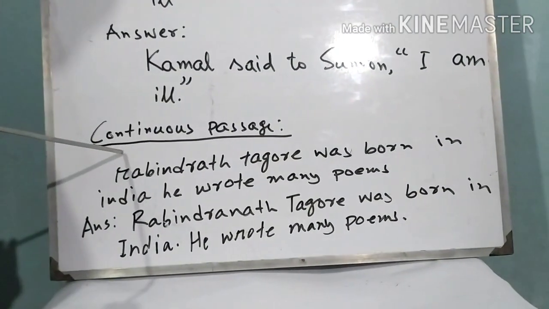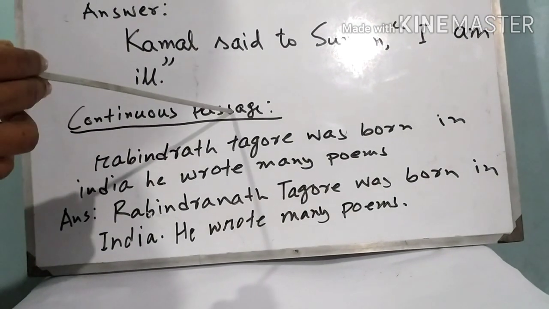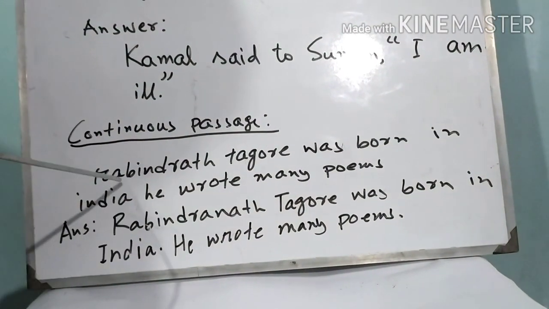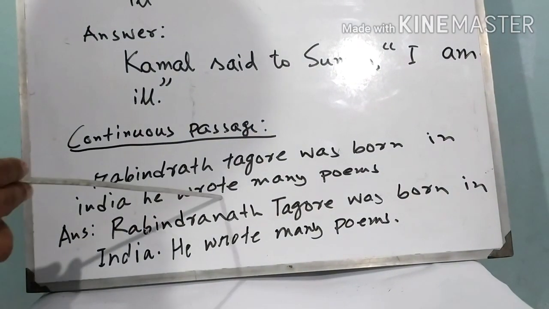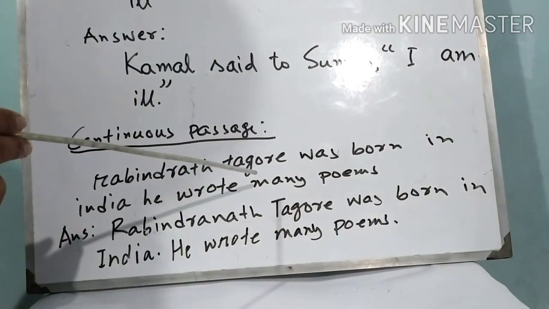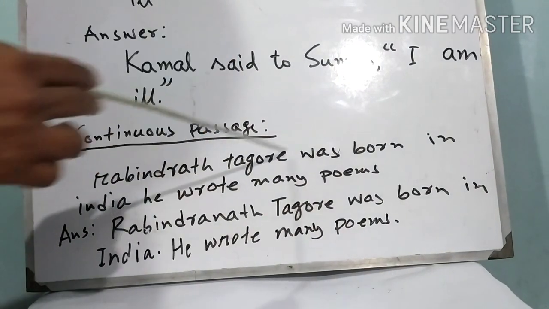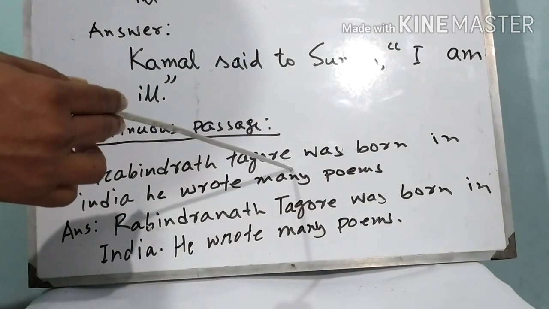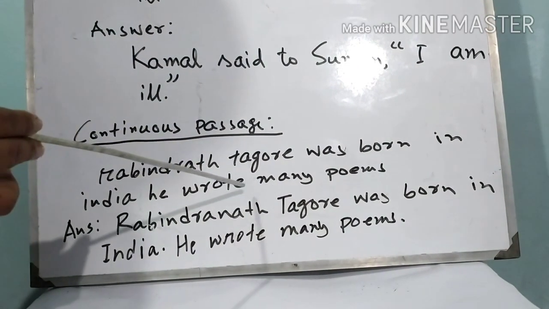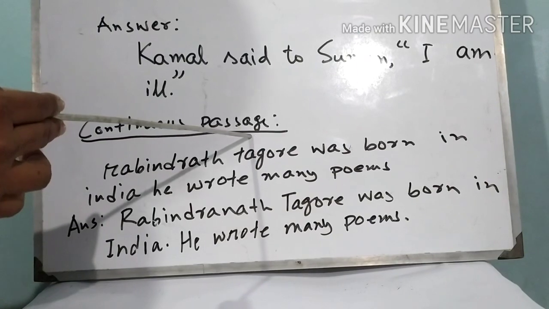Students, another example for continuous passage or story type. Rabindranath Tagore was born in India. He wrote many poems. Students, here you see there is no reporting verb in these sentences. There are 2 continuous sentences in this passage. So we have to answer it as continuous passage form.